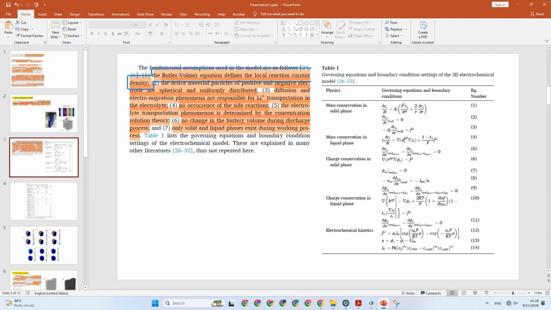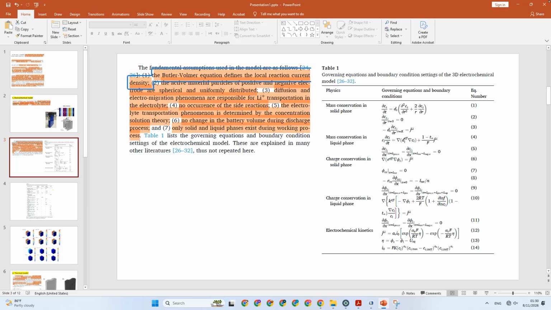Let me write it. We have mass conservation, equation number 1: rho CS over rho T equals ds times (rho 2 CS over rho R2 plus 2 divided by R times rho CS divided by rho R). Mass conservation in solid phase.